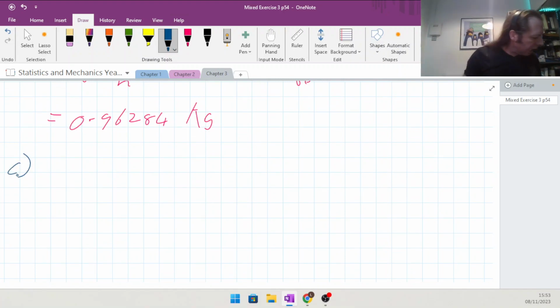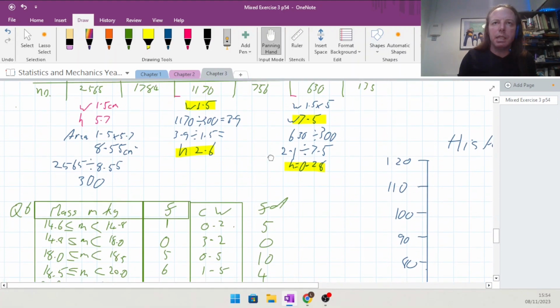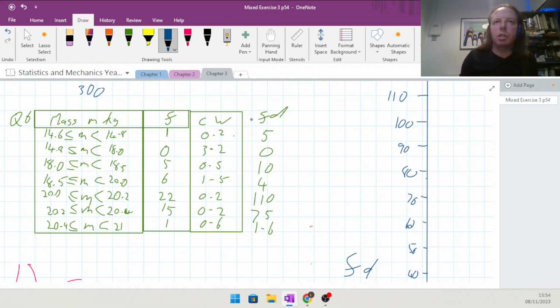Part C. Using linear interpolation, estimate the median. So, median is the middle value. And because we've got 50 in here, we need value number 25. So, what's the cumulative frequency?